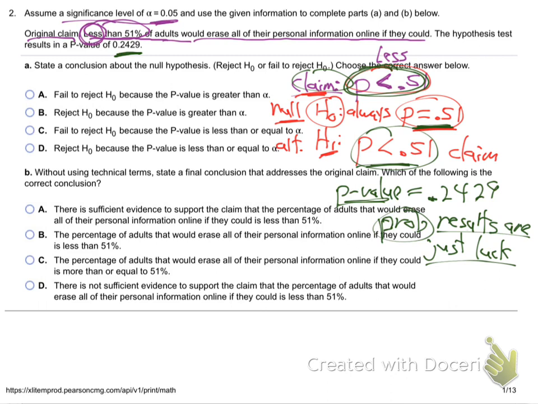Maybe those 10 patients you happened to first try it on were just going to live longer anyway. They were just more healthy people than the average patients. So maybe the new drug's really not any better. You just got a lucky group. Now, if you only grab 10 patients, maybe you could get a lucky group.